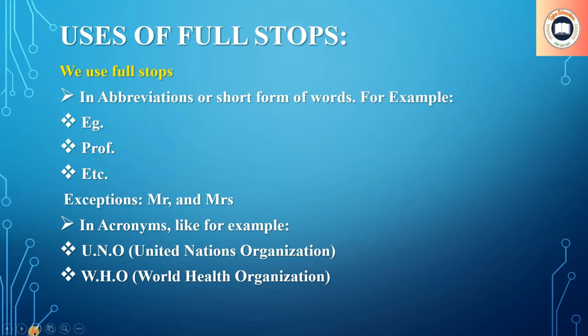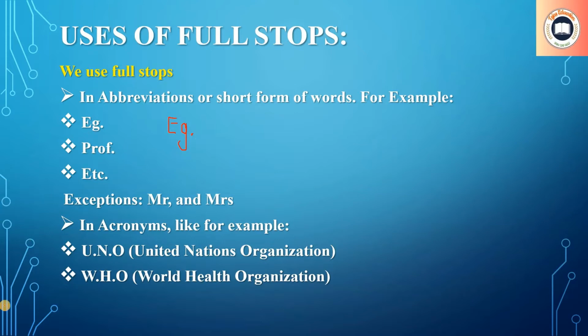So here I am writing e.g., and then we are placing a dot to mention that it is an abbreviated form. We use this dot even in the middle of sentences. For example, I have read the book of Professor Gautam.